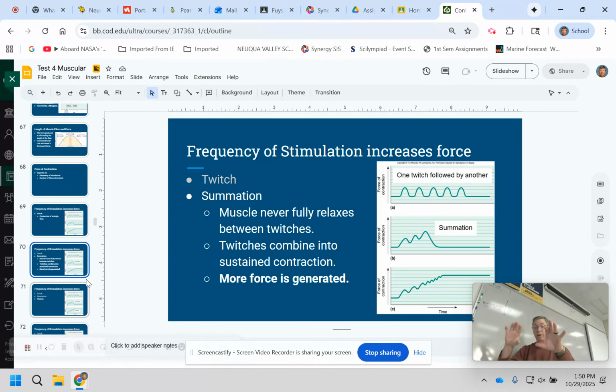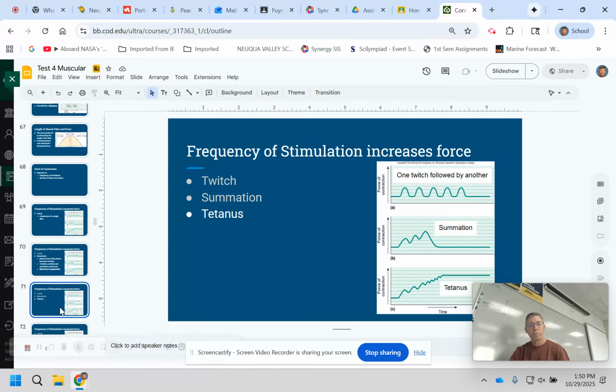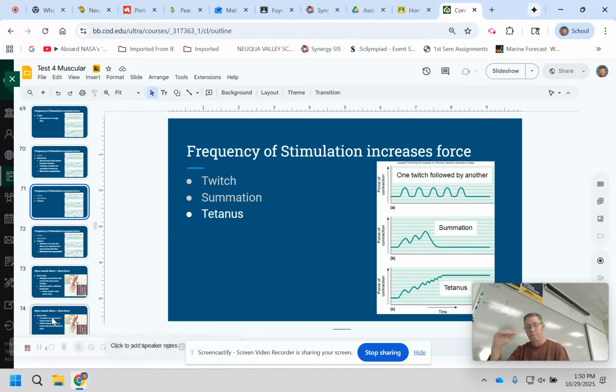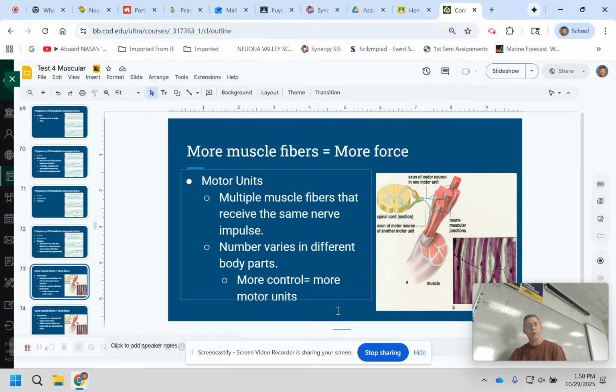The other dial is how many muscle fibers we include. We can speed up the frequency and we can include more muscle fibers, so we can really fine-tune the force that muscle can generate. All right, tetanus is what we call maximum summation. That's all that is. So now we're talking about the idea of motor units.